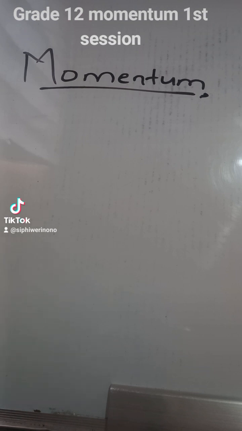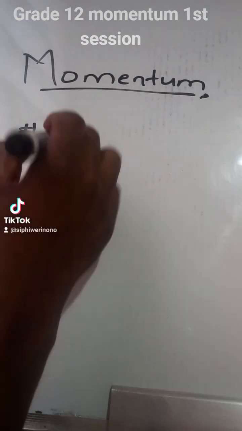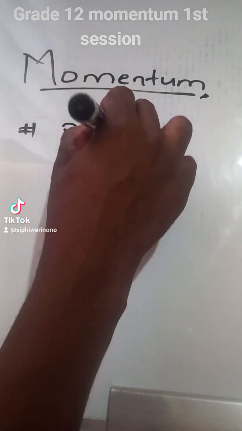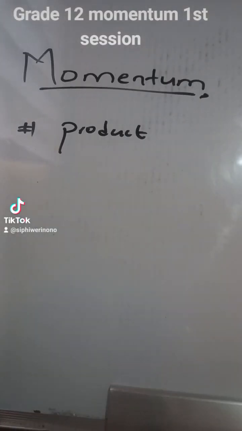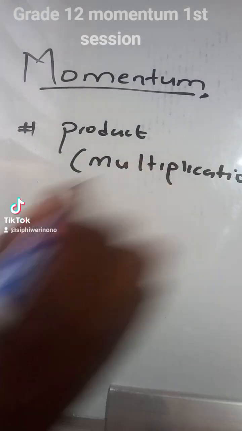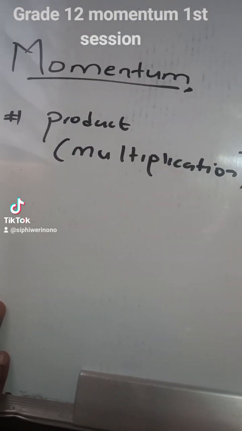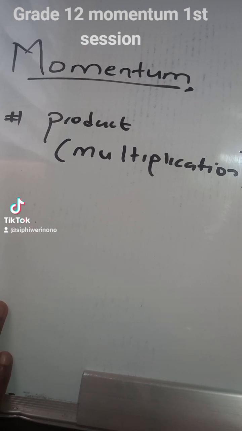Now let me talk about this word, the product. According to mathematics, the product is the multiplication. So in simplicity, this is the multiplication of an object's mass and its velocity.